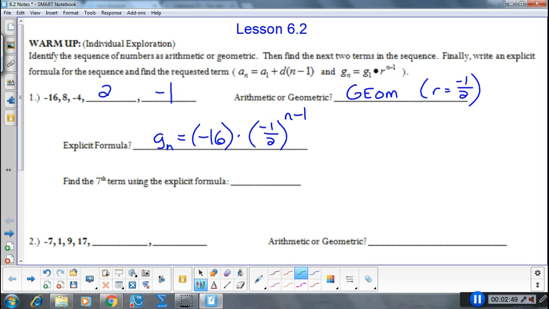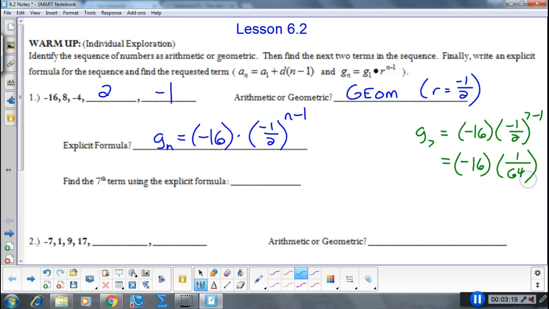So then that would be g sub 7 is going to be negative 16 times negative 1/2 to the 7 minus 1 power. 7 minus 1 is 6. So that's going to be negative 16 times negative 1/2 to the 6th power, which is positive 1/64.